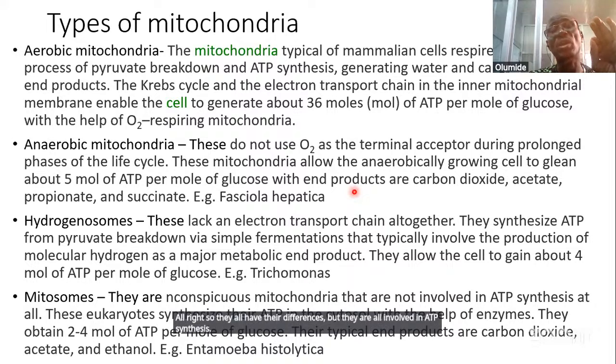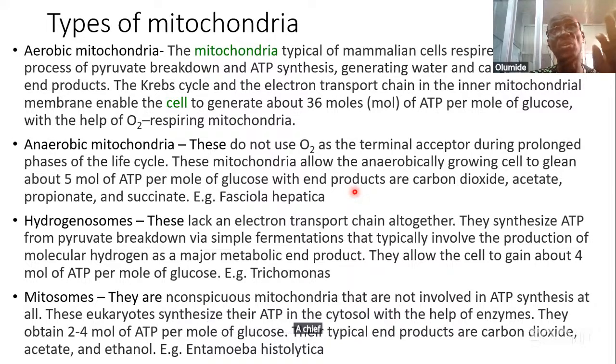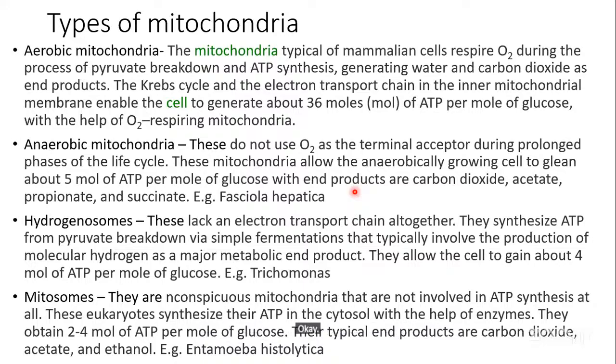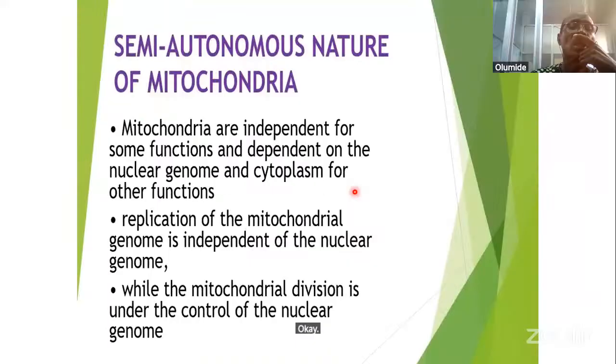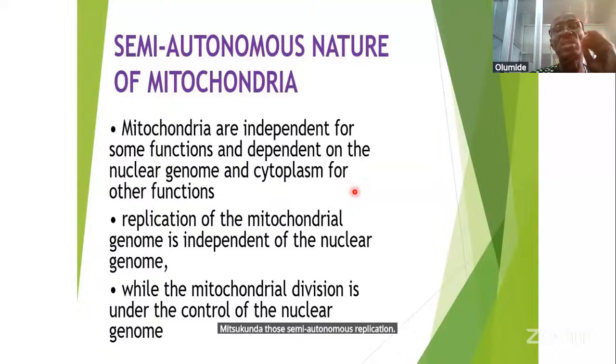A chief, critical difference will be the electron acceptor, okay? Mitochondria do semi-autonomous replication. That means the genome can replicate even if the host genome is not replicating. Okay. All right. Any questions?